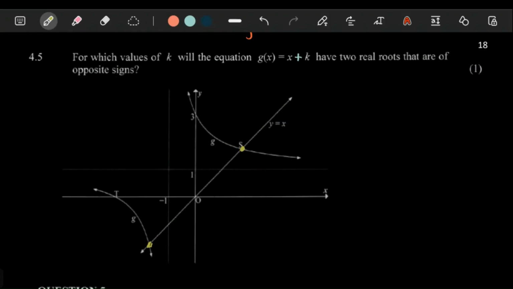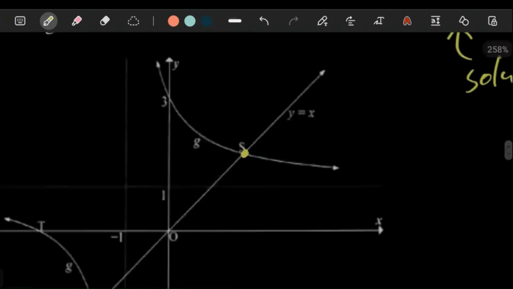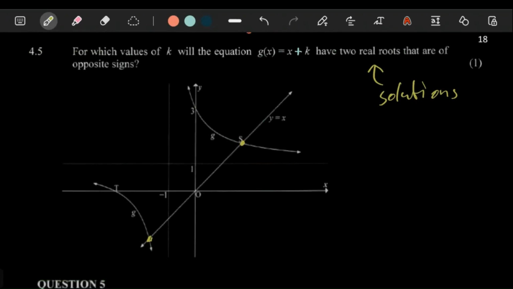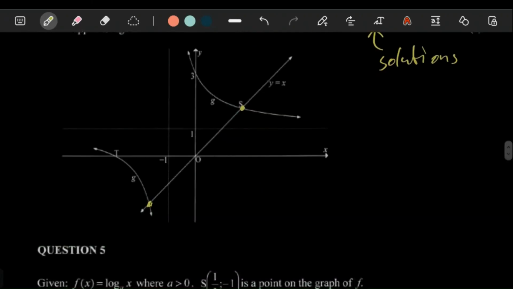So roots is just solutions, you see. Now the idea is, if you look at this graph, these currently have two roots. There's one root over here, which is one solution where the graphs meet. You see that the graph of g meets the line of inverse at one specific spot and another specific spot.